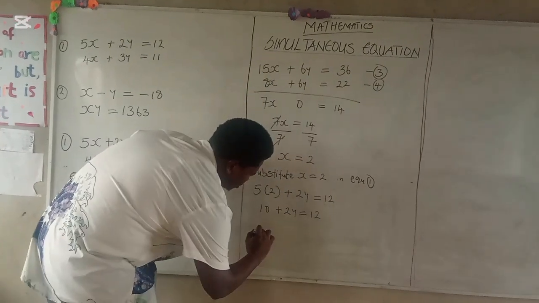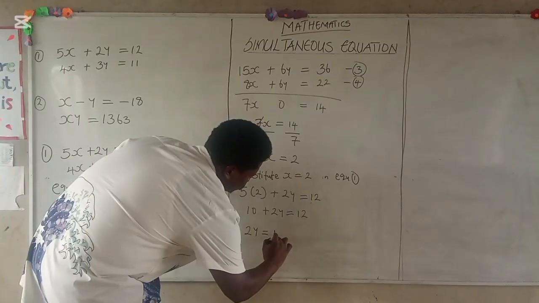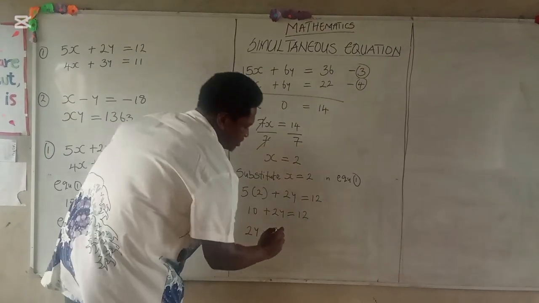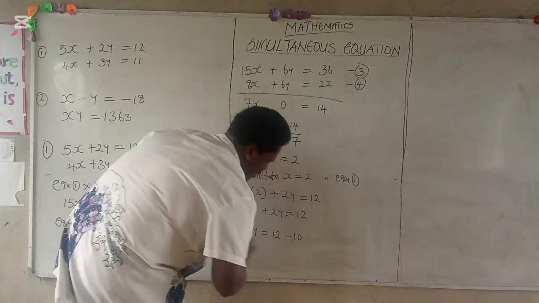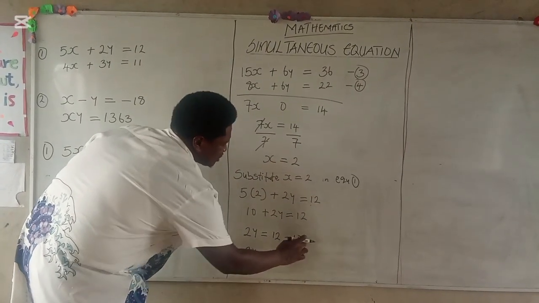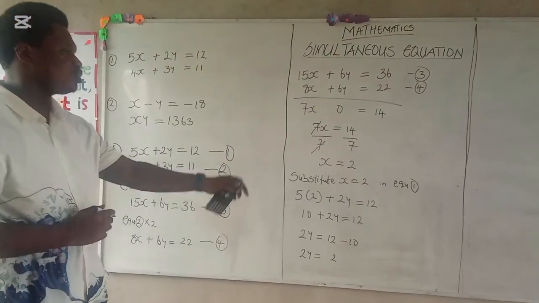So we have that 2y is equal to 12. This is 10. 10 crossing over becomes negative 10. So 2y is equal to 12 minus 10, we have 2. So we have 2y is equal to 2.